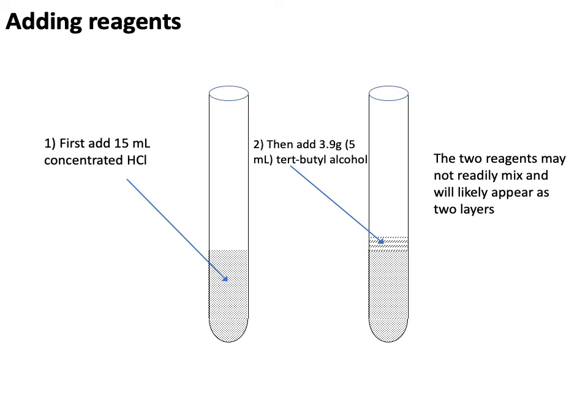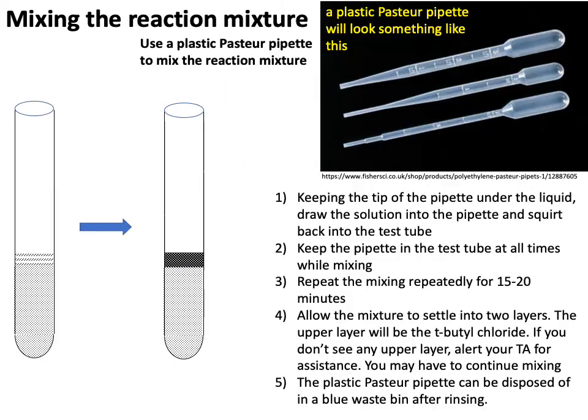So we have the test tube. We add 5 milliliters of concentrated hydrochloric acid. Then we add 3.9 grams of tertiary butyl alcohol, and we use the pipettes that we saw before to mix these two reactants.